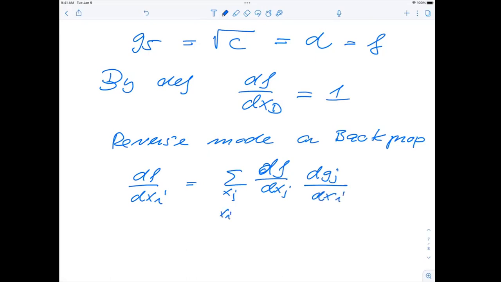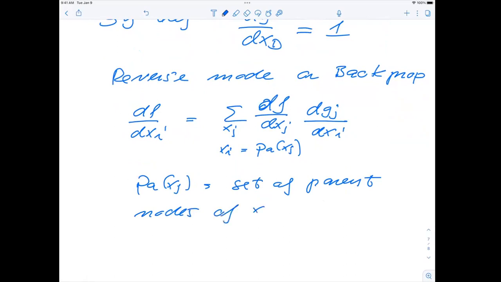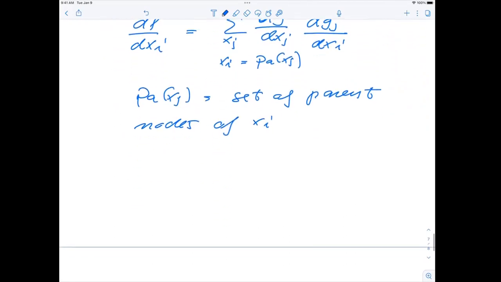And this x of i is the input from the parent node for this x_j here. And this pa of x_j, that is the set of parent nodes of x_j. And we know that we have the following.